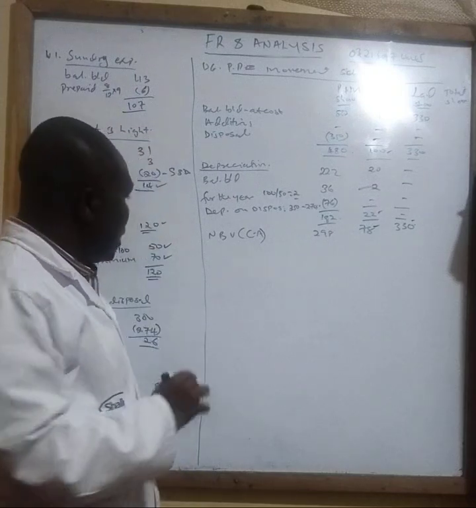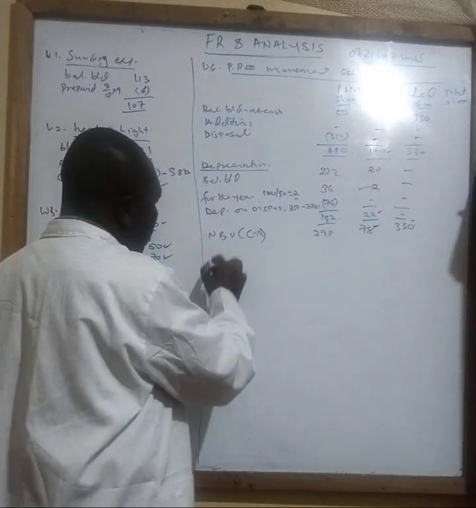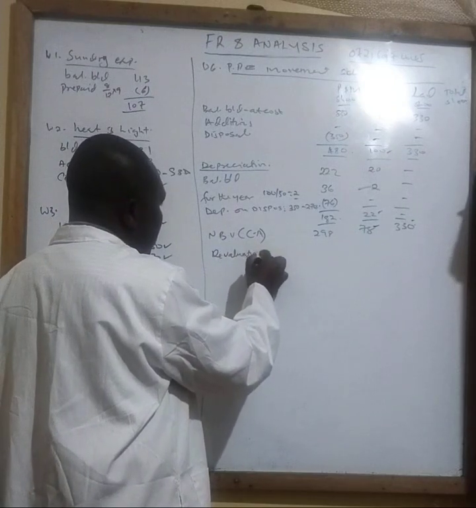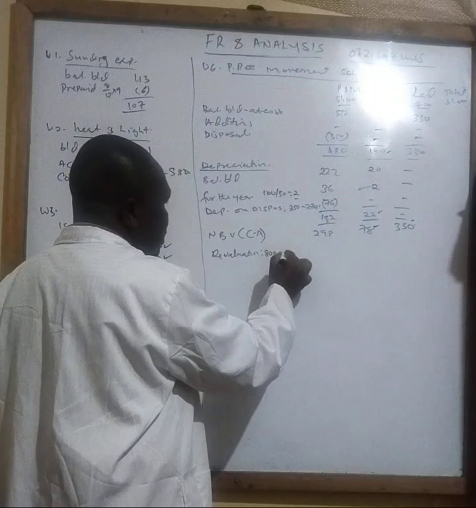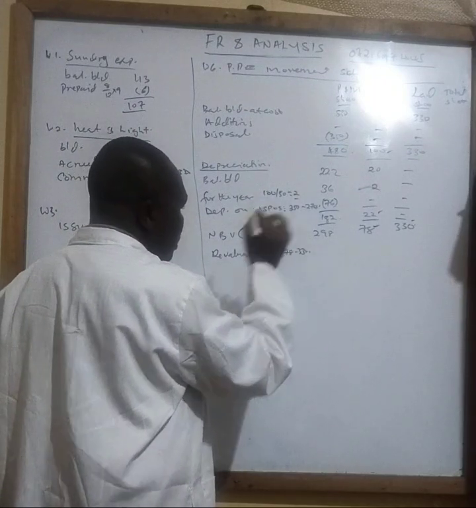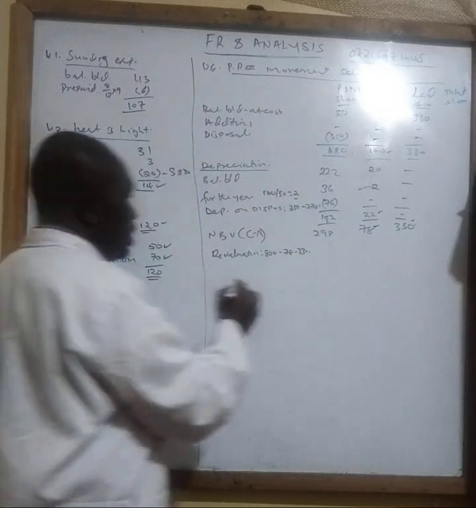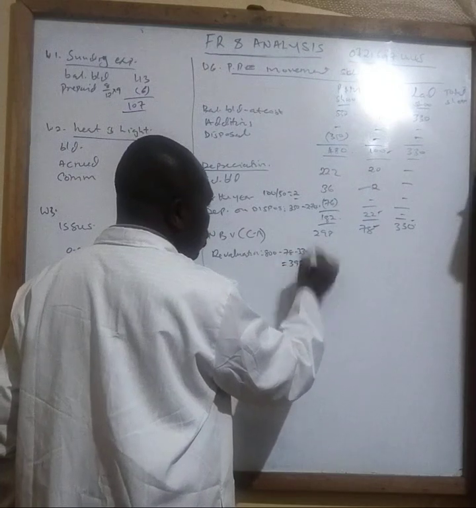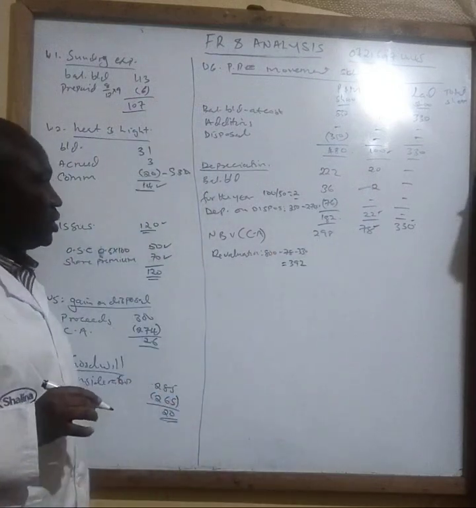So therefore, I will now say, okay, revaluation is 800 minus 78 minus 330. So if I subtract this, my answer is 392. Correct?